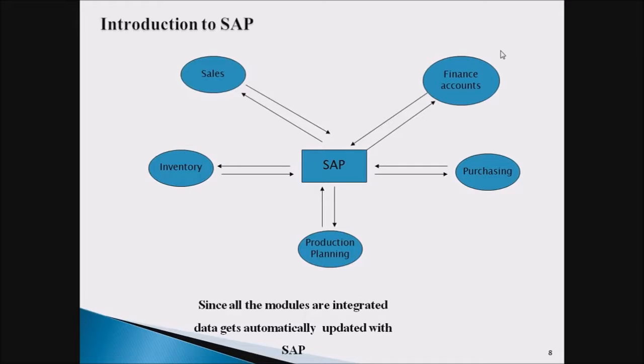Now, as a finance person, what is your responsibility in this area? You are supposed to know very clearly what exactly is happening. If an activity is recorded on the purchase side, what is the corresponding impact on the finance and accounts side? When I say corresponding impact, I mean which GL accounts are going to get updated.